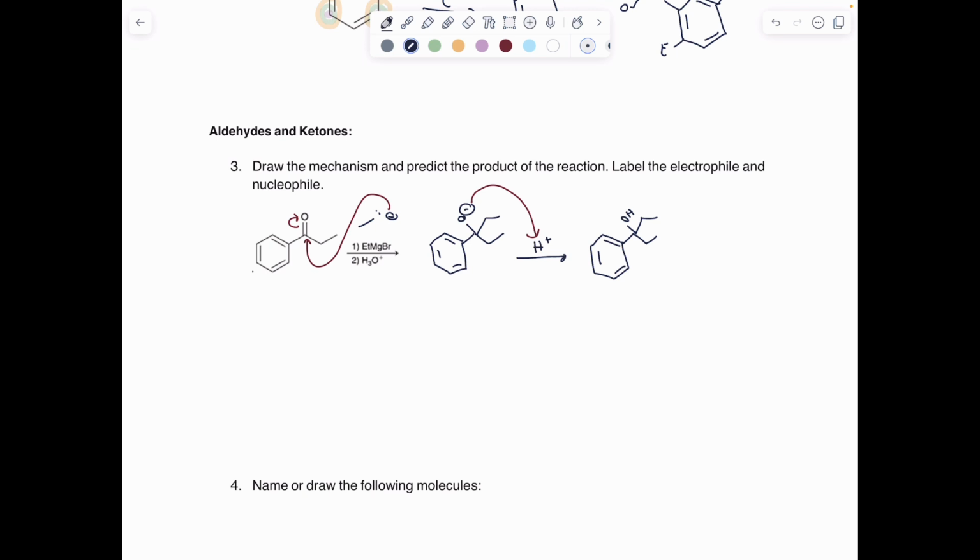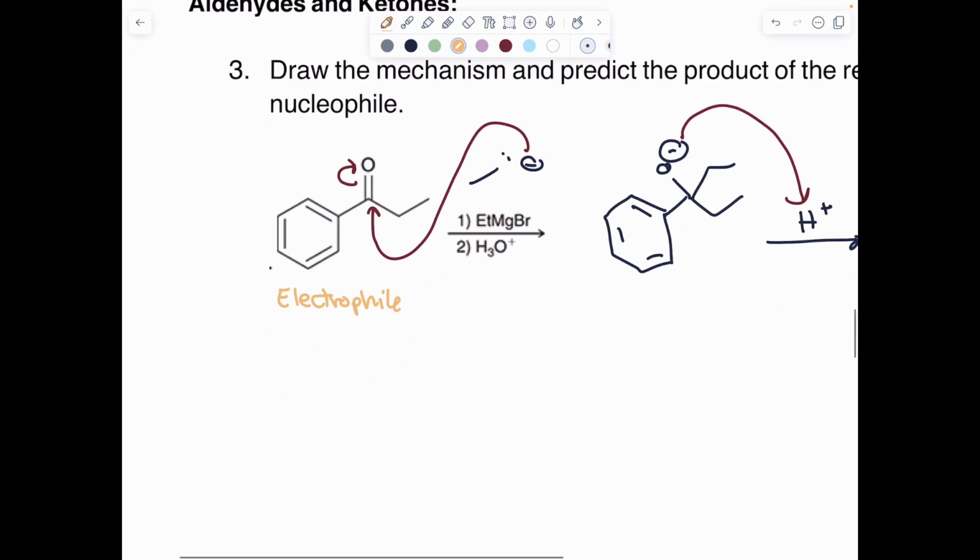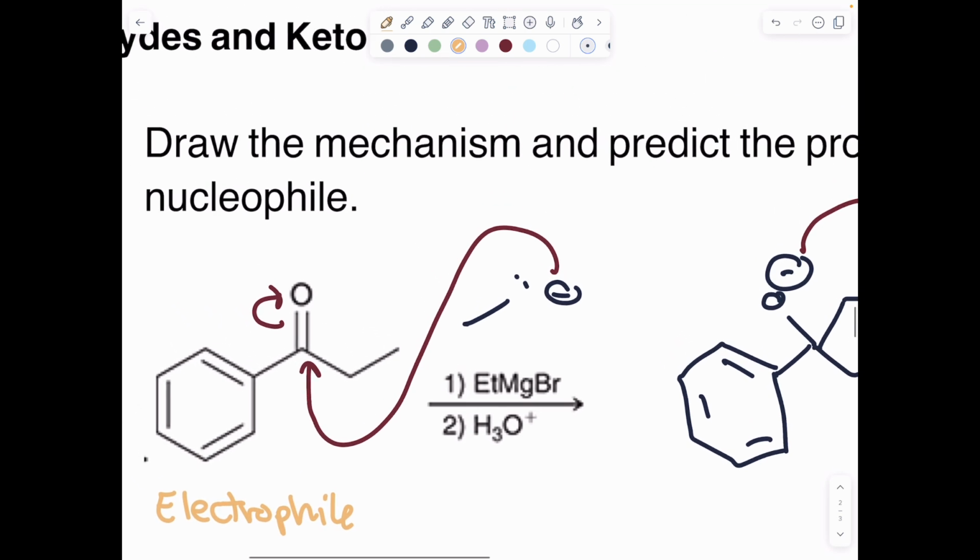So that's the Grignard reaction. It does ask us to label our nucleophile and electrophile. So again, this is the electrophile, because it's the thing that is being attacked. And this is our nucleophile.